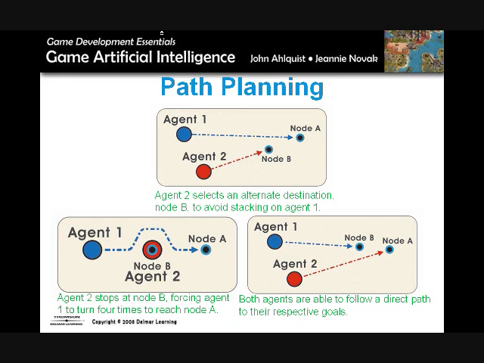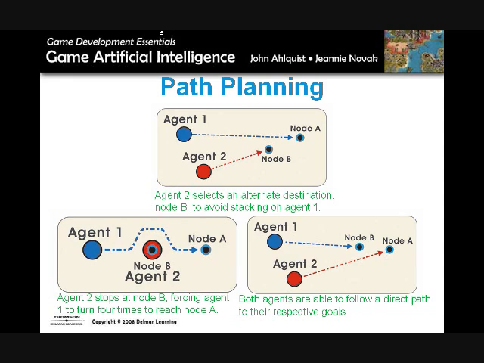Now this might present a problem wherein in that first situation we automatically assumed agent 1 will be able to get to node A before agent 2 could get to node B, so that basically there was no collision possible.